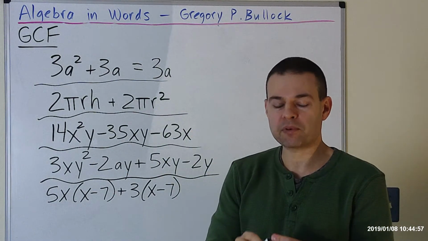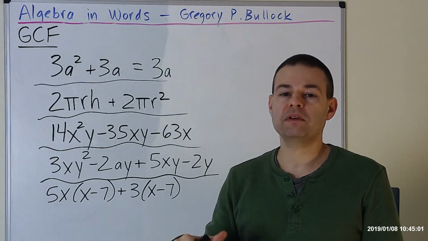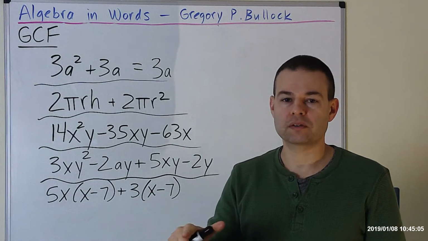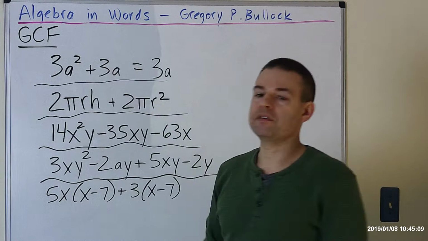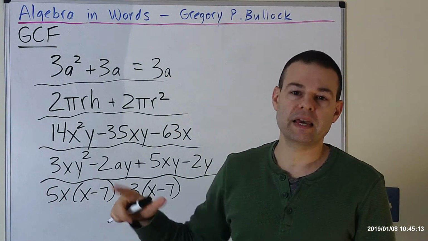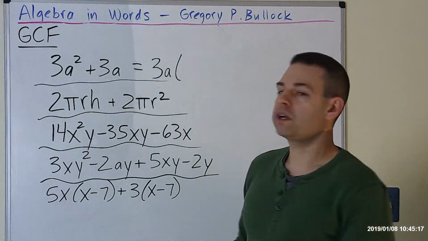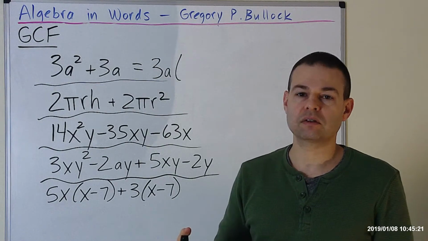And if you remember from the last video, you find the greatest common factor by the common factors, and if they have common factors, you choose the smallest exponent. The smallest exponent of the 2 and the 1 is obviously the unwritten 1. That's why we chose a and not a squared. So I'm going to write parentheses, and remember, greatest common factor is also a greatest common divisor.